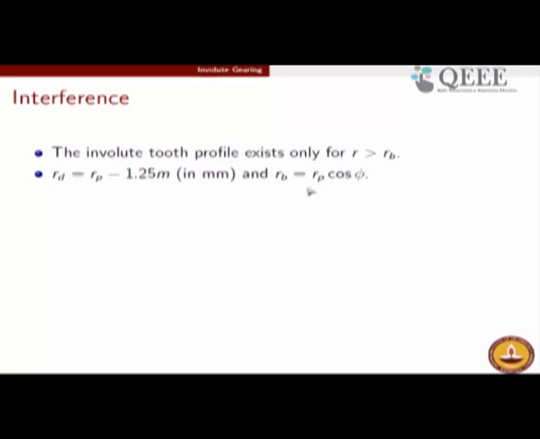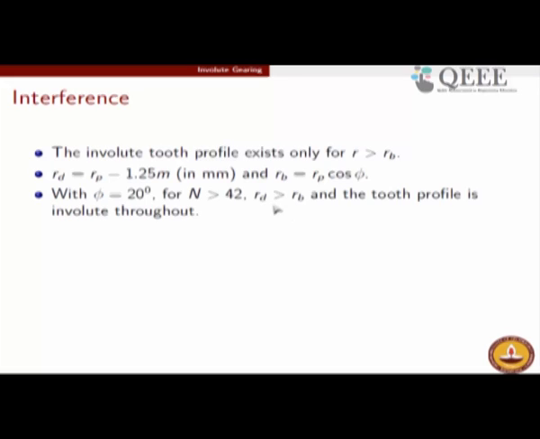We know that the base circle is the pitch circle times cos phi. It turns out that if the number of teeth is 42 or more for a 20-degree pressure angle, then the dedendum circle is always greater than the base circle, which means the gear tooth has ended before the base circle. The tooth profile does not extend all the way to the base circle; it terminates well before that, because the dedendum is the level at which the tooth profile ends, and the base circle is lower than that.